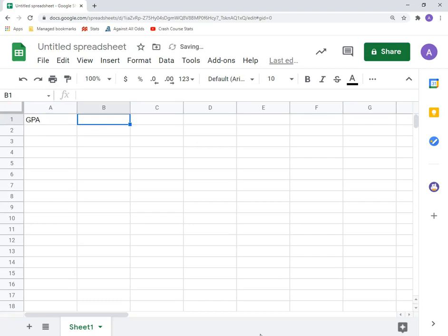So we have GPA, and then we have ACT scores. GPA, we have 3.0, 3.5, 3.1, 4.0, 3.7, and 3.1. And then ACT scores, 19, 27, 22, 31, 26, and 19.